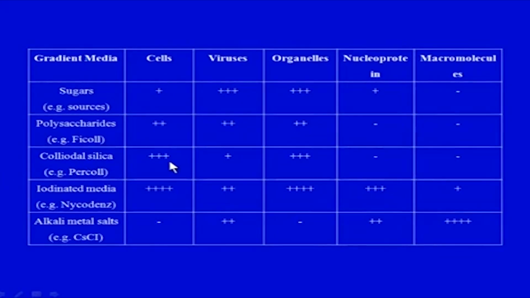Colloidal silica is more favorable for isolating or separating cells and organelles. Iodinated media are much more favorable for different types of cells, organelles and also for nucleoproteins. Likewise, alkali metal salts are highly favorable for macromolecules like the nucleic acids we were talking about. So, this is just summarizing different utilization patterns of these materials.